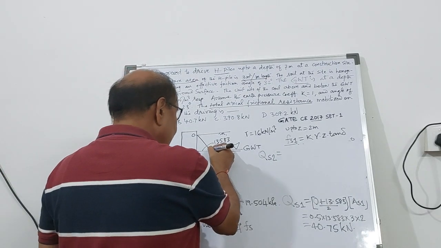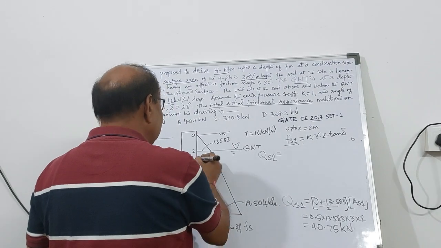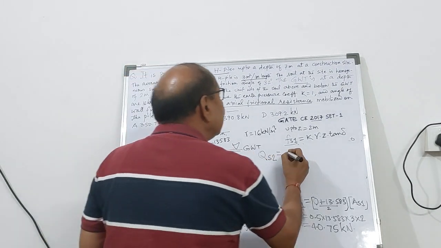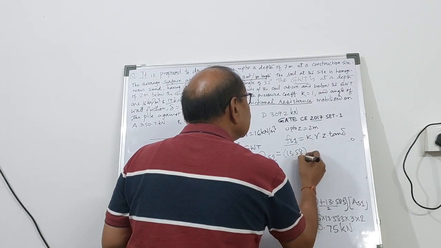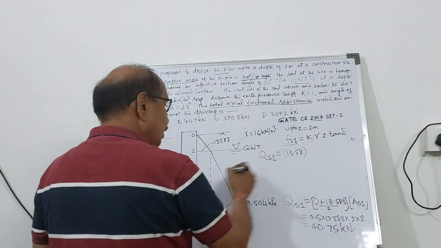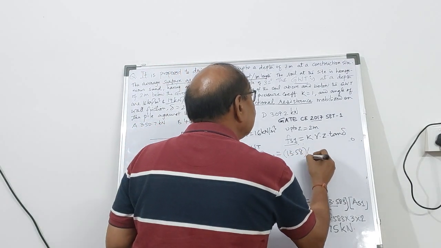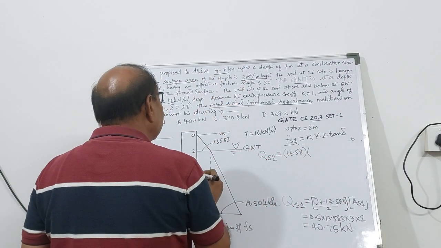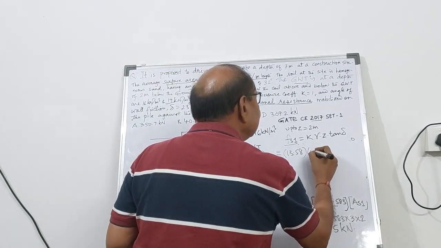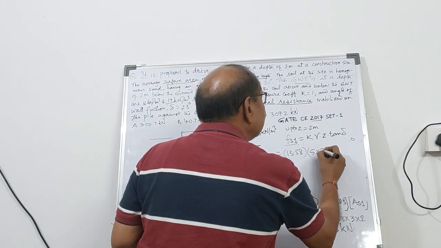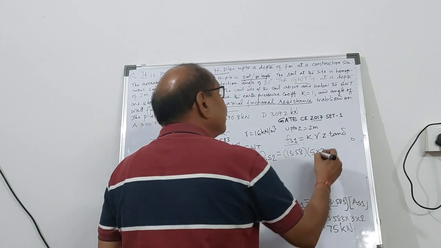In this zone, what is the variation of Fs? It is 13.583, rectangular, multiplied by shaft area. The shaft area is going to be 5 meter multiplied by 3 meter square per meter.